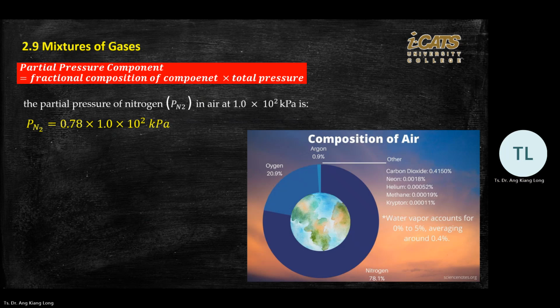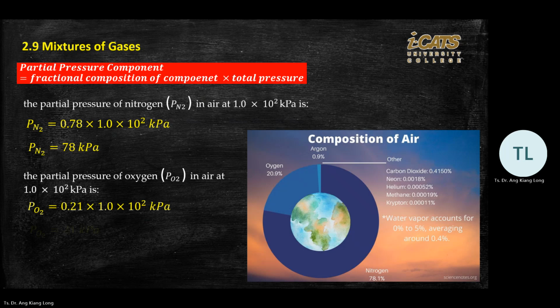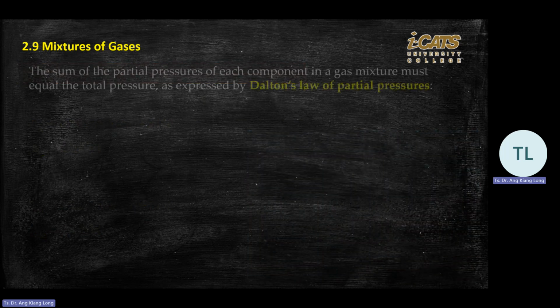So if you use this equation, partial pressure of nitrogen equal to 0.78 multiplied by total pressure, you will get 78 kilopascal. This is to find the partial pressure of gases. This is just example. The rest is just illustration.